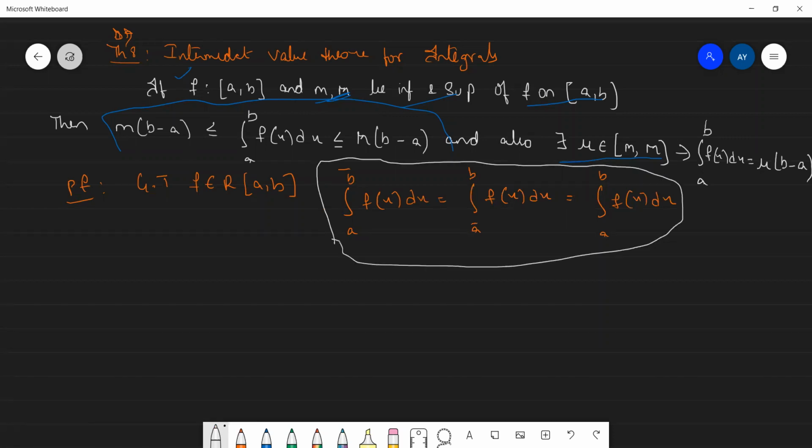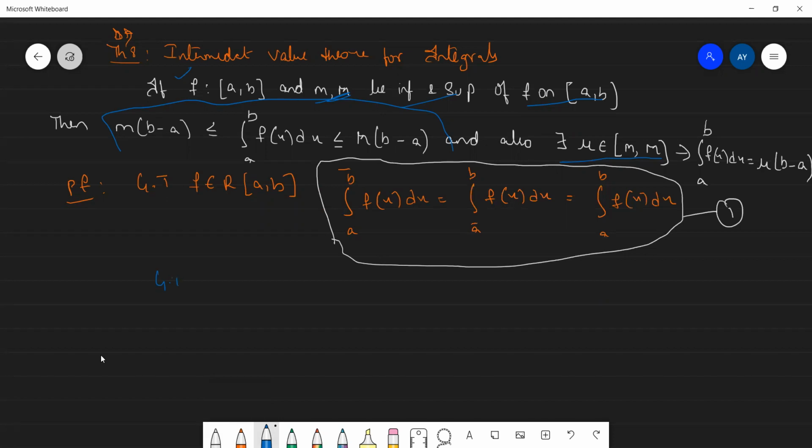Let this be 1. Now, what they gave is that f is bounded on [a, b], and then we have to define a partition of the closed interval [a, b], and then take infimums and supremums.